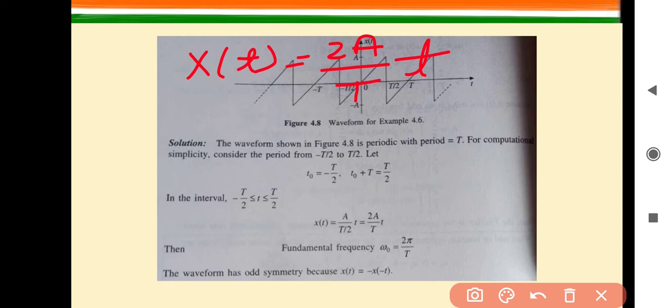This is the equation of x(t) in the interval 0 to T by 2. And the value of omega naught will be 2 pi by T, which is the fundamental frequency of the signal.